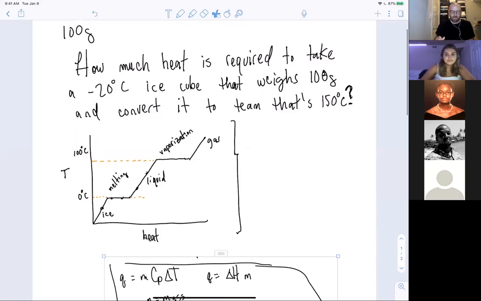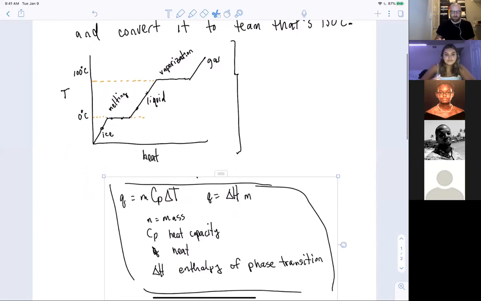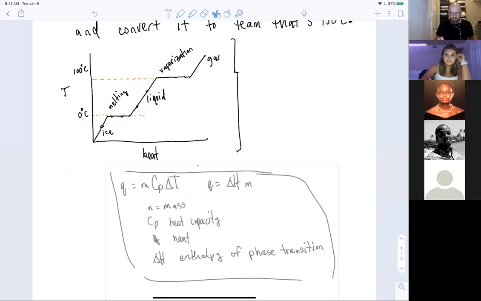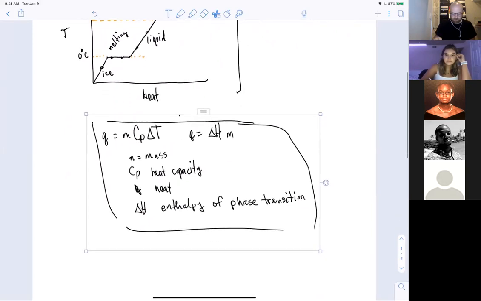There's a lot to think about physically. We got into that last session: you can draw these Boltzmann distributions and think about why the phase transition is flat. But from a quantitative perspective, it's somewhat straightforward once you get into it.